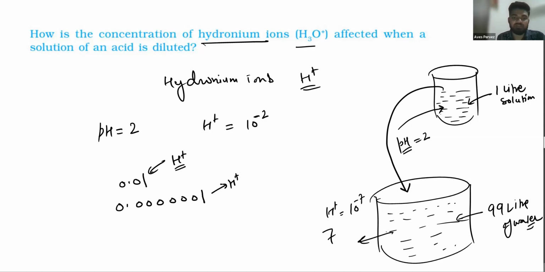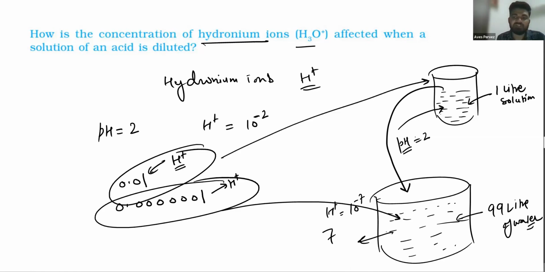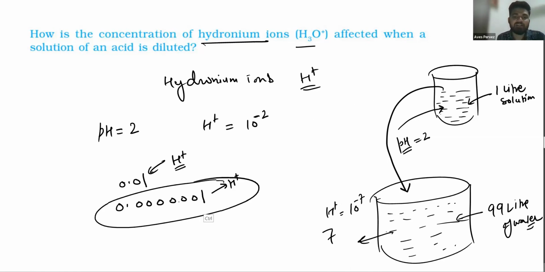This means this number of H plus ions is present in this solution, and this number of H plus ions is present in this solution, because pH is 2. So when you add this, will there be a greater effect of adding this? Means will these H plus ions affect?